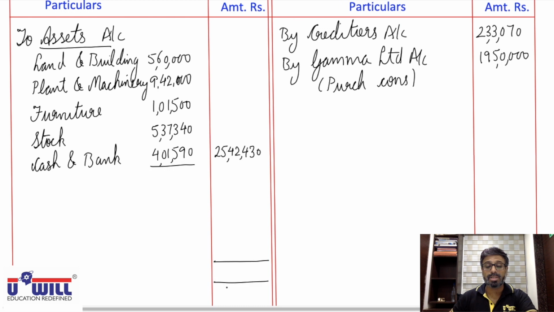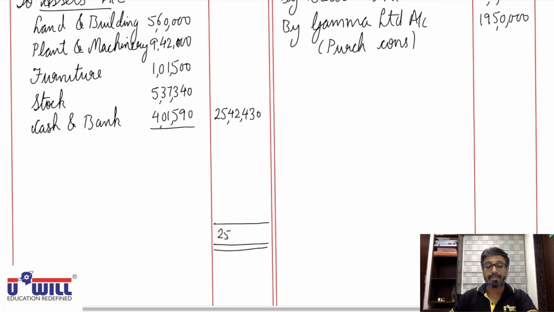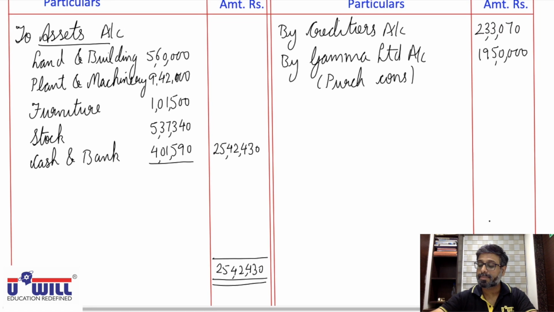So realization account will be closed and transferred to equity shareholders account. 25 lakh 42,430, from that we will minus 2 lakh 33,070 and further minus 19 lakh 50,000. So there is a loss of 359,360.